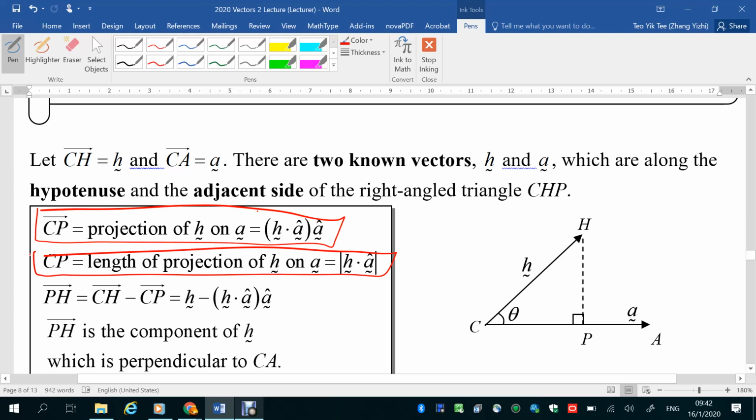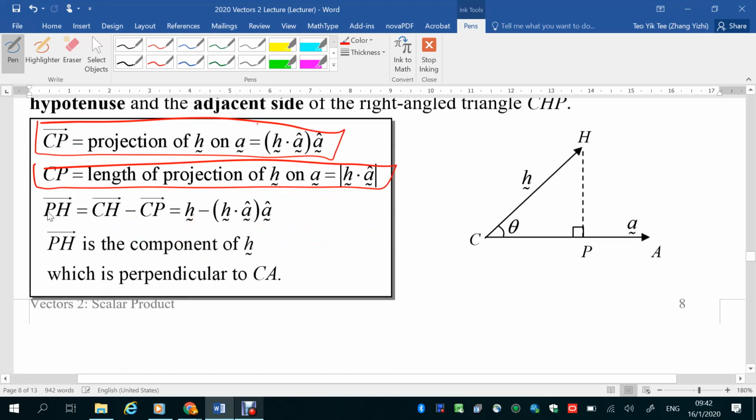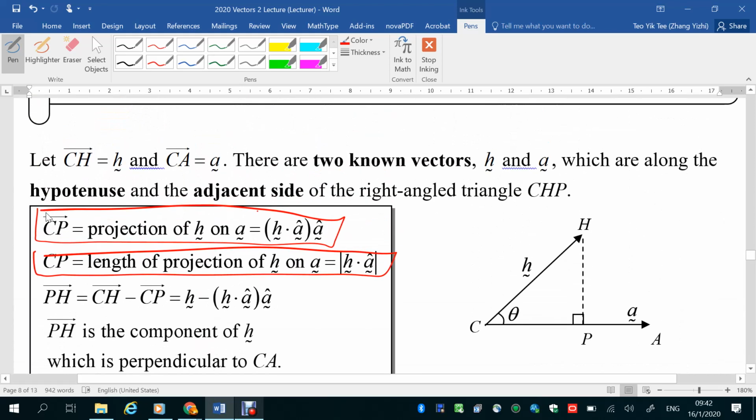One is the projection, the other one is the length of projection. Highlight this. I will run through the proof with you using this diagram.